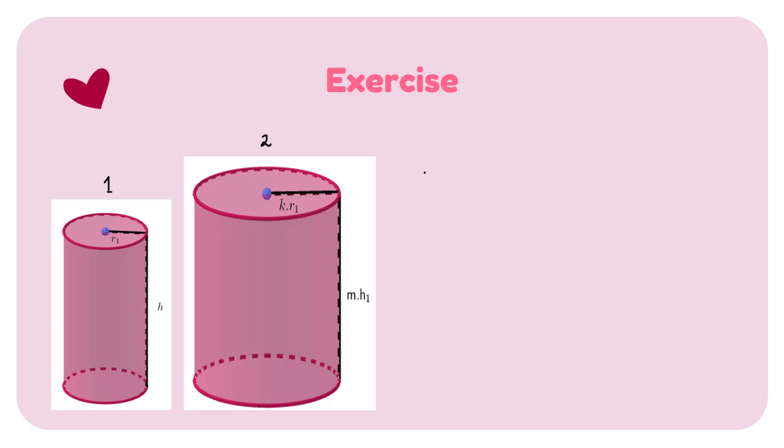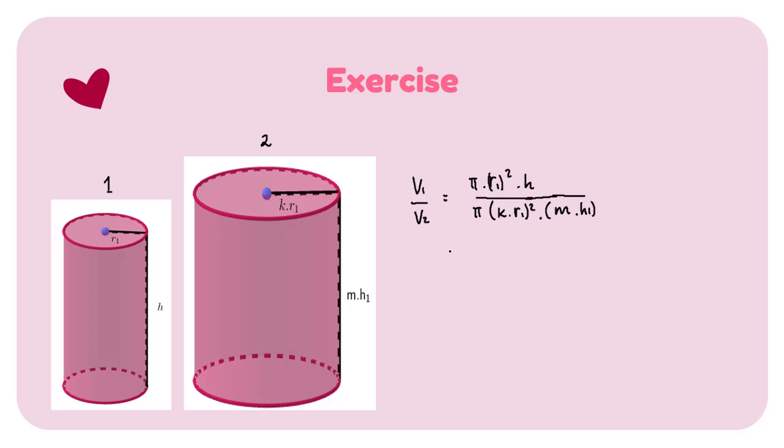Okay, so to find the ratio, we have to do V1 over V2, and we have to find the volume of this cylinder. Okay, this is for the V1, pi times r1 squared times h. And then because we enlarge the radius of the second cylinder into k times longer, and the height also m times higher, so you can do a substitution, times m times h1.